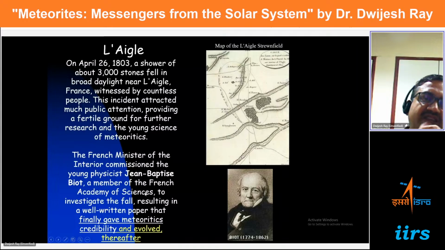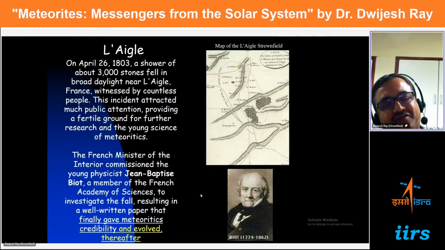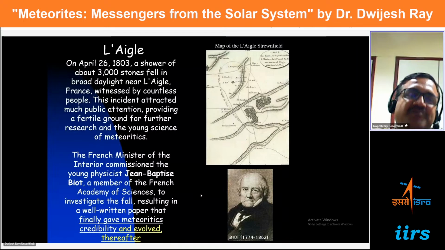Then the French minister, and the Academy of Sciences, also started to believe that something is possible to come from the outer sky. So you need to investigate further and examine what is coming from the outer sky.